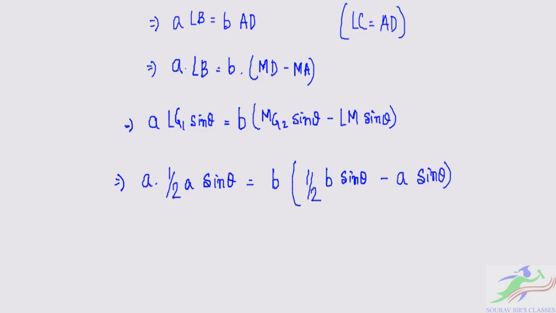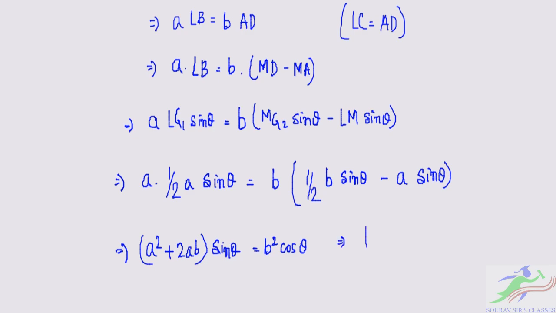From here we take out A square sine theta on one side, giving A square plus 2AB times sine theta, and on the other side B square cos theta.